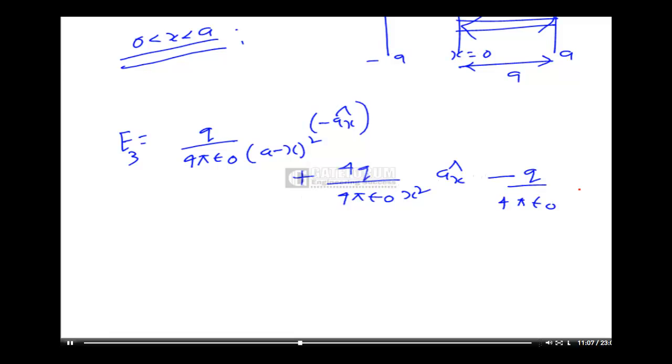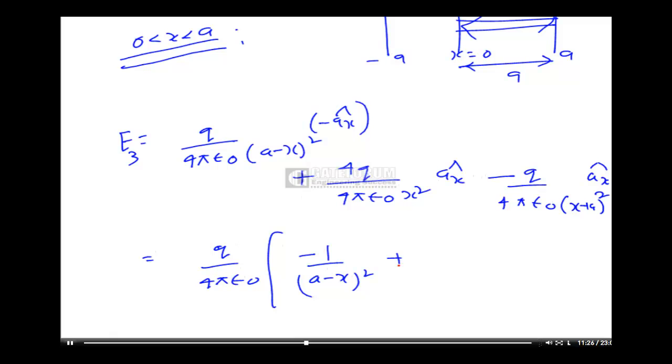This is x plus a whole square, ax cap only. So if you take ax common, q by 4 pi epsilon naught also common, this is minus 1 by a minus x whole square plus 4 by x square minus 1 by x plus a whole square ax cap. So this is the answer.